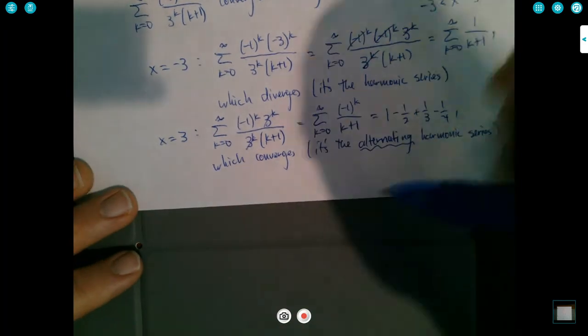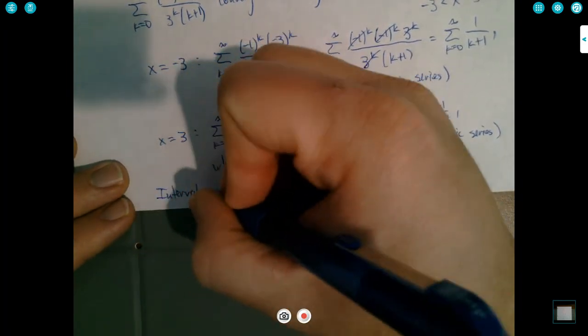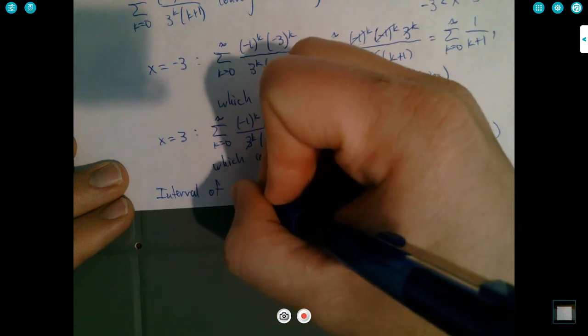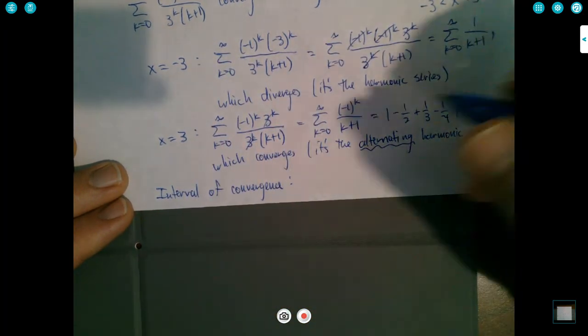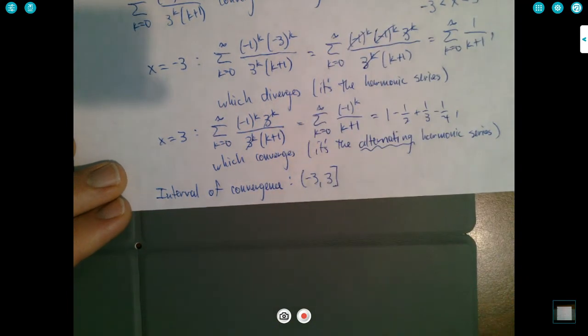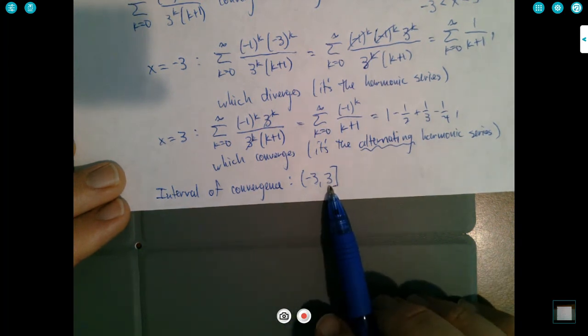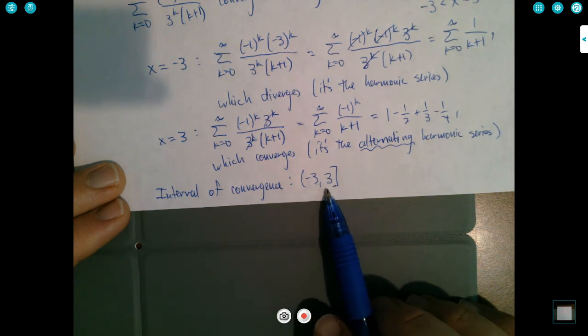Okay, so the interval of convergence is going to be negative 3 to positive 3, but we put a bracket on the positive 3 because it converges at x equals positive 3, right? It diverges at negative 3, but converges there, and then it converges everywhere in between.